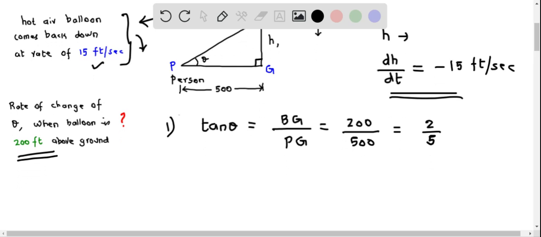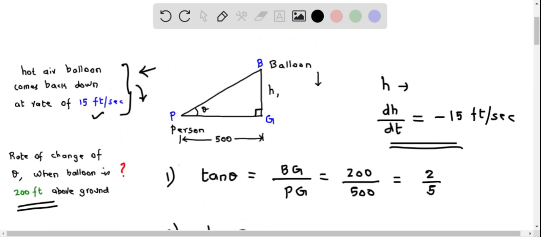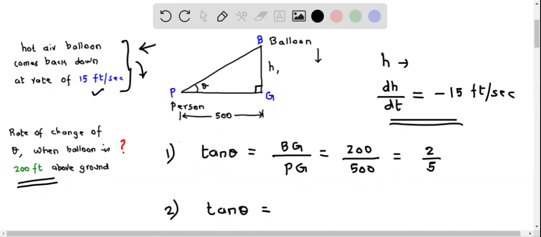Now in step 2, we are going to take the derivative. Once again I'm going to write down tan theta, but this time as a formula involving the height. It is once again BG over PG, but now I'm going to substitute h for BG because the height is varying. We need to determine the rate of change of the angle with respect to time, and PG will be 500.